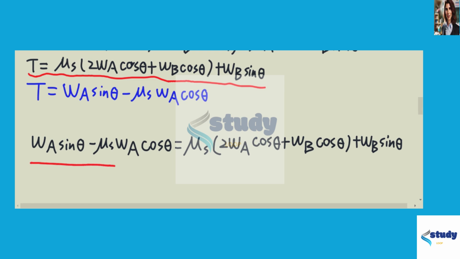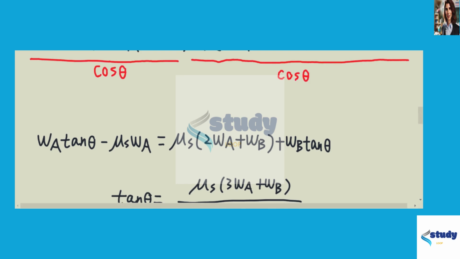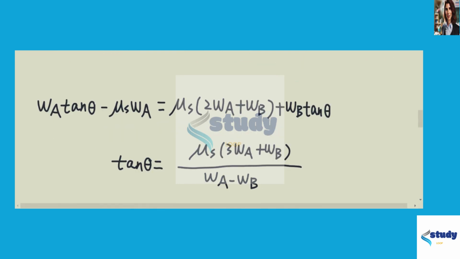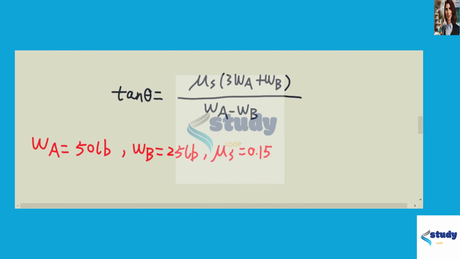As you can tell, we can divide by cosine theta on each side. Eventually we'll have WA tangent theta minus mu S WA is equal to mu S times 2 WA plus WB, plus WB tangent theta. Therefore, tangent theta is equal to mu S times 3 WA plus WB, over WA minus WB.